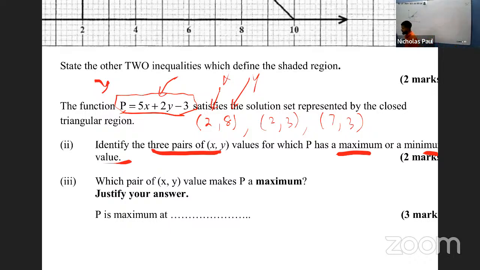Plug it in, let's see what you got. X is 2, y is 8.